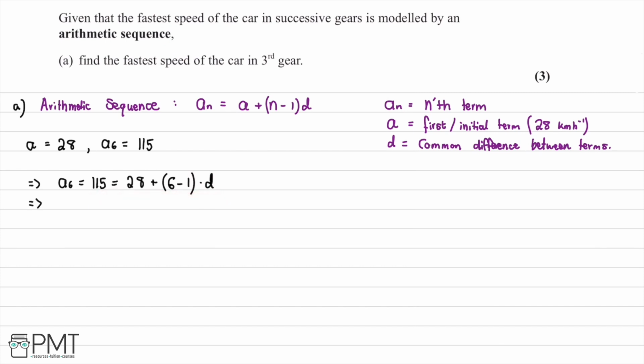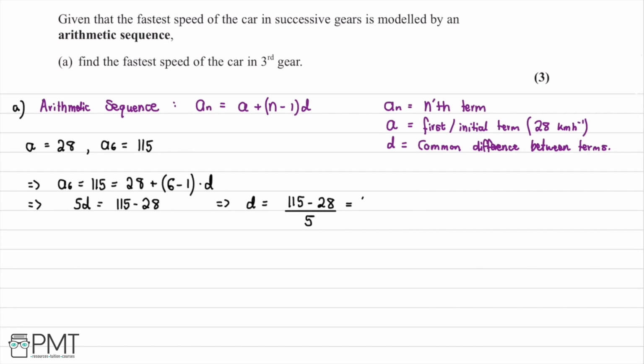So therefore, we'll have that 5d is going to be equal to 115. Then we subtract 28 from both sides. So therefore, d is going to be equal to 115 minus 28, and then we'll divide that by 5. And then we put this into our calculator, and this comes out as 17.4.